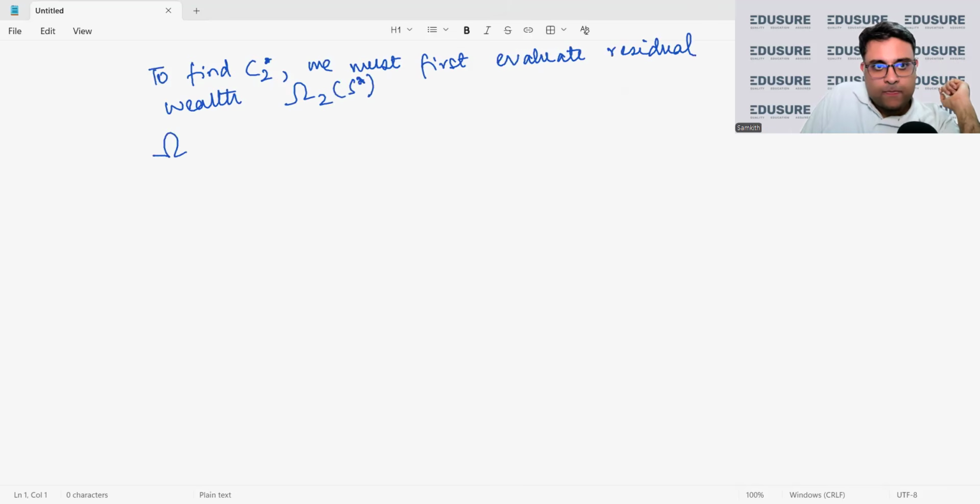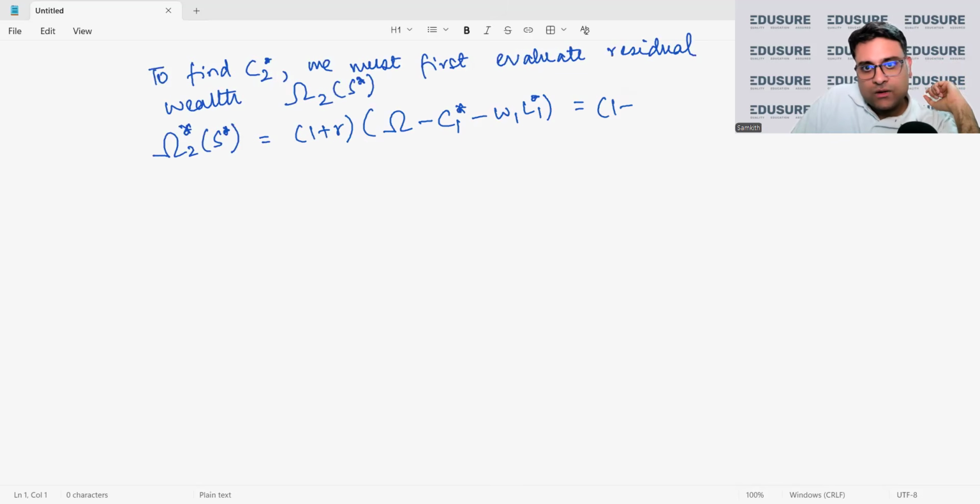Okay, omega 2 star. Basically, I need to find out S star. 1 plus R into omega minus C1 star minus W1 L1 star is equal to 1 plus R into omega minus 2C1 star, because W1 L1 is equal to C1.